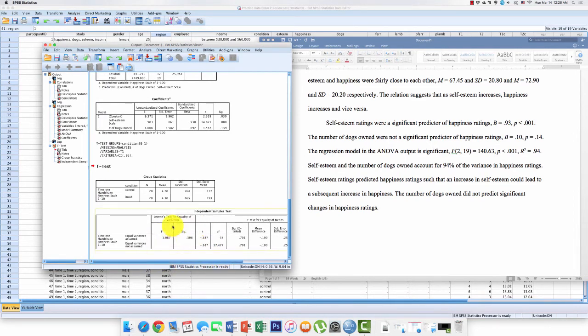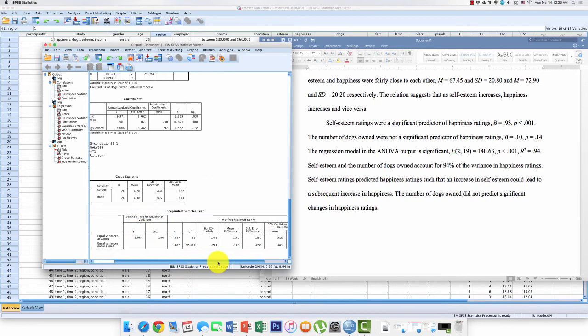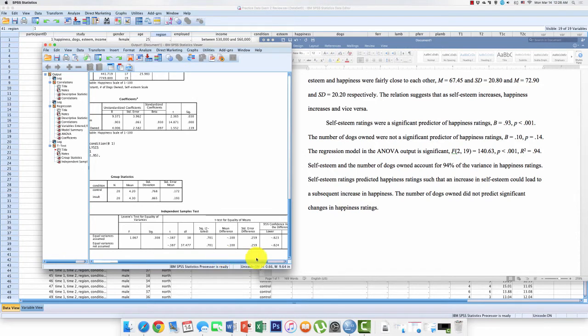So if you're not going to use a Levene's test for equality of variances, the way to tell that there's equal variances between your groups is to see if at T1 the difference is significant. We see over here that it's not, since p is 0.701. So there's no significant differences in the means.